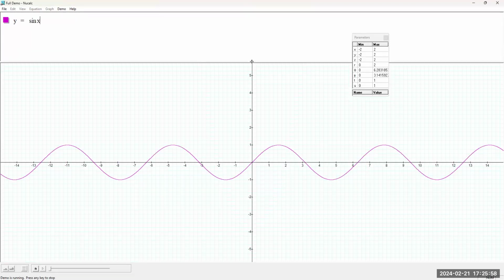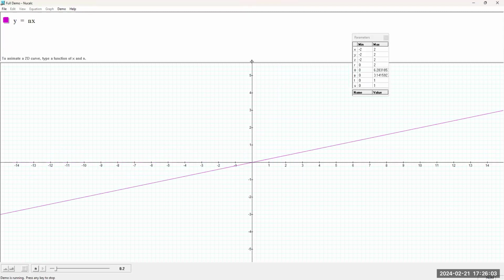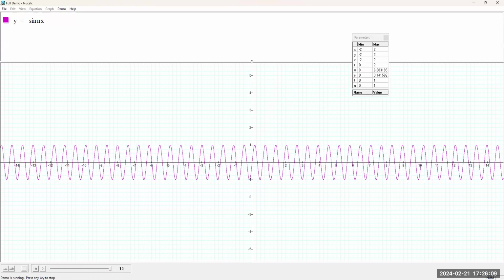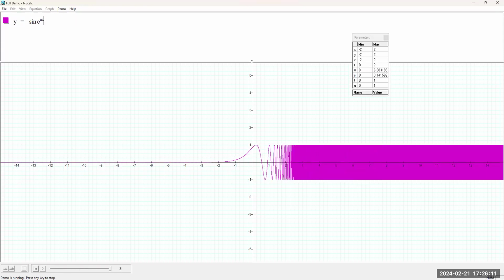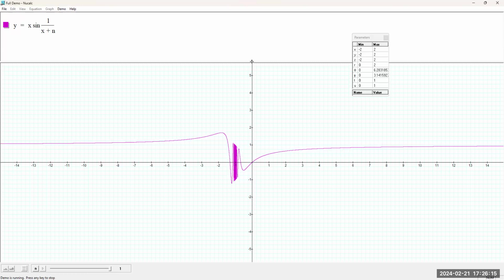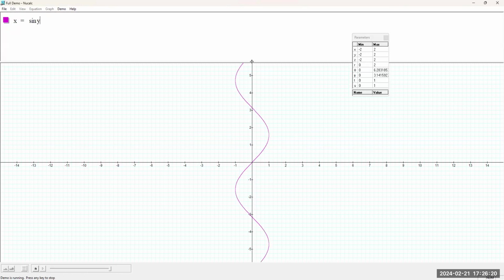It helps you graph in 2 dimensions. It allows you to graph in polar.